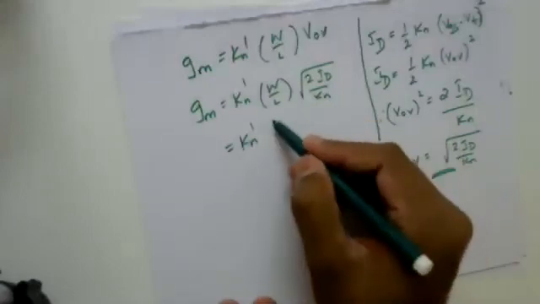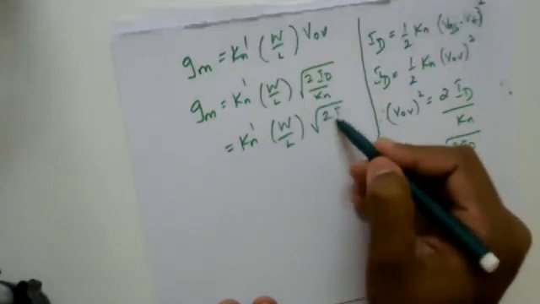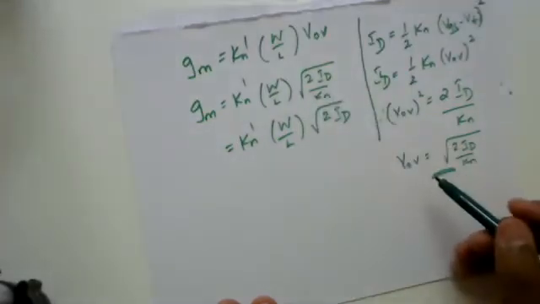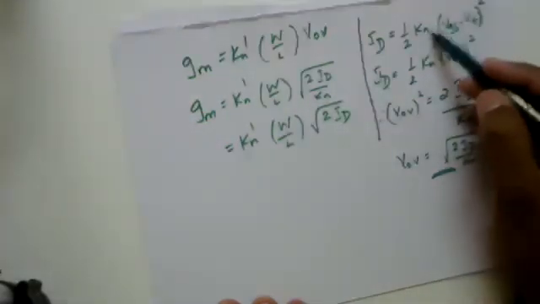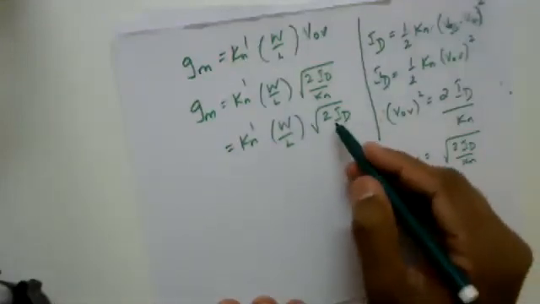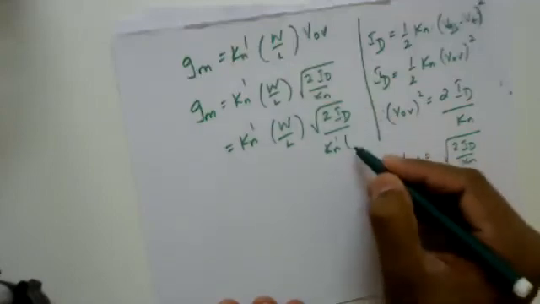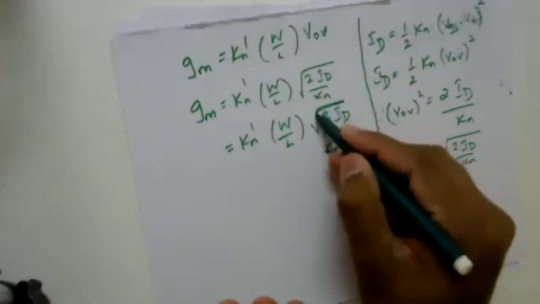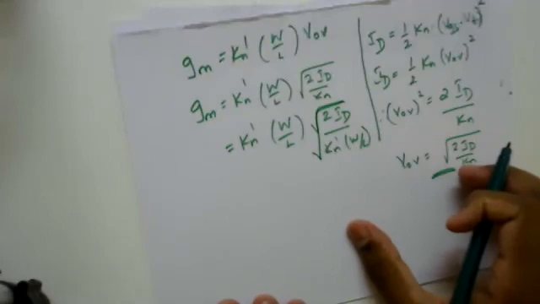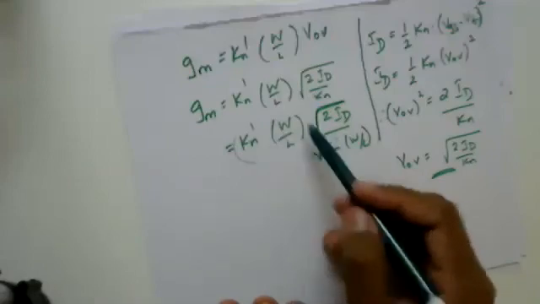What is this Kn? You can see here the aspect ratio has not been defined, W by L is not defined. So it simply means this Kn is nothing but Kn dash into W by L. So this is all under the root itself. Even over here I have Kn dash into W by L.